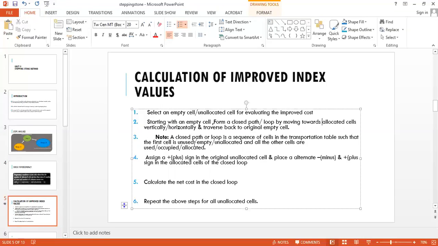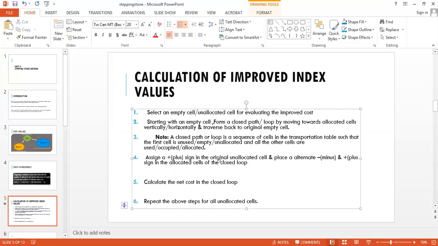What is a closed path? A closed path or closed loop is a sequence of cells in the transportation table such that the first cell is always an unallocated cell and all other cells are allocated cells. Now we have to assign a positive sign in the original unallocated cell and place alternate minus and plus signs in the allocated cells of the loop.